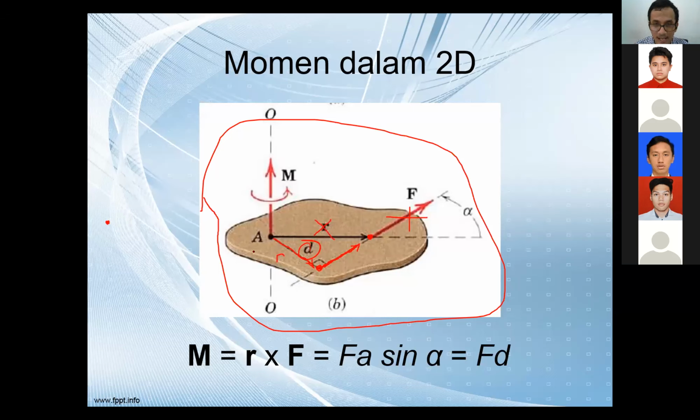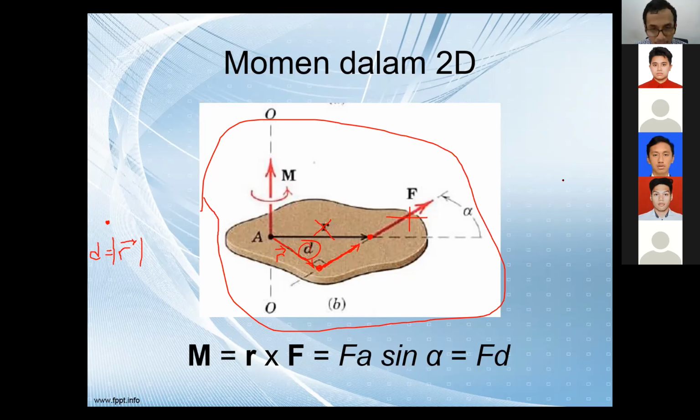And in this case, R is the same as D. Although R is a vector, D here will be the magnitude of R. So in this case, it's the same.